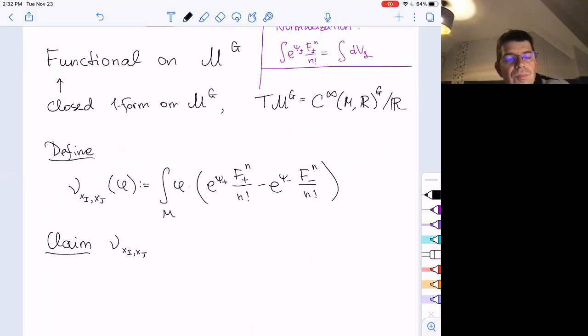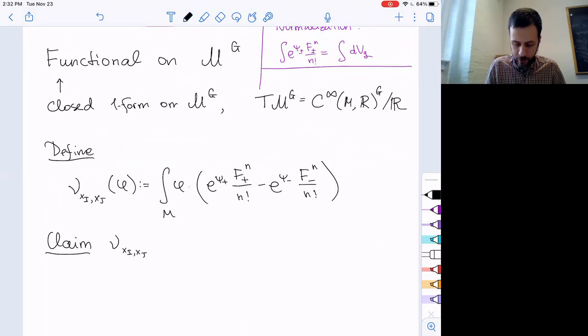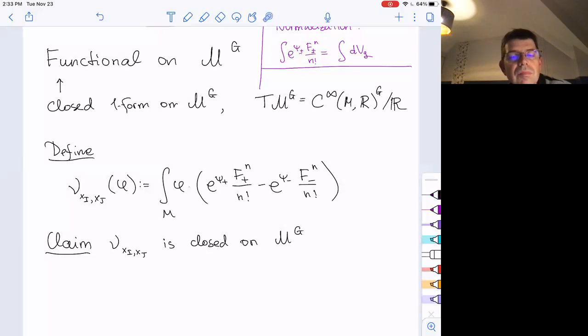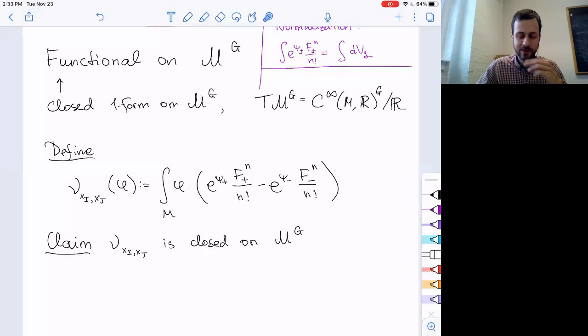All right, so the claim is that this one form defined this way is actually closed on MG. It's a little bit subtle calculation compared with Kähler geometry, because in Kähler geometry, your space of Kähler potentials is trivialized by C infinity functions, so you can basically identify it with an open set in C infinity.